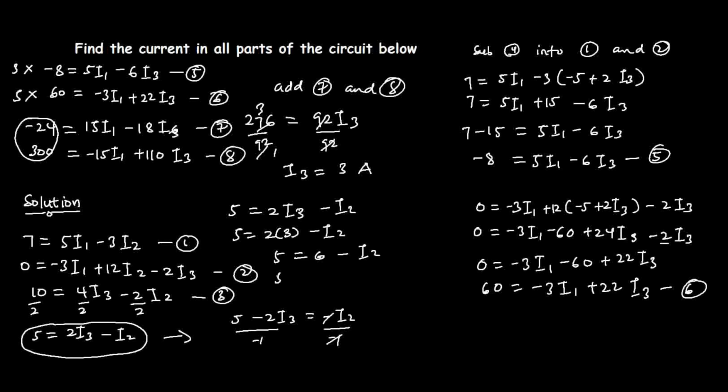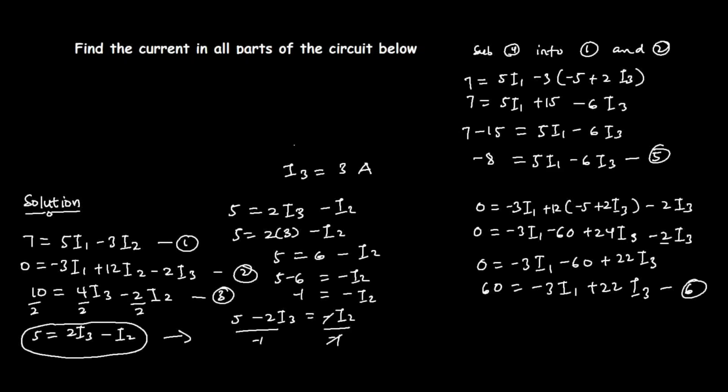So 5 minus 6 equals minus I2, that gives us minus 1 equals minus I2. We can divide both sides by minus 1, so the negatives will cancel out. At the end you have I2 equal to 1 ampere.